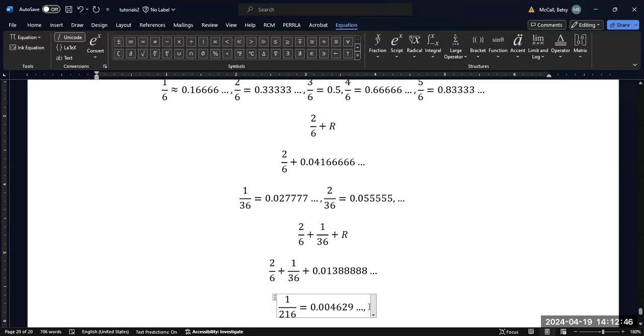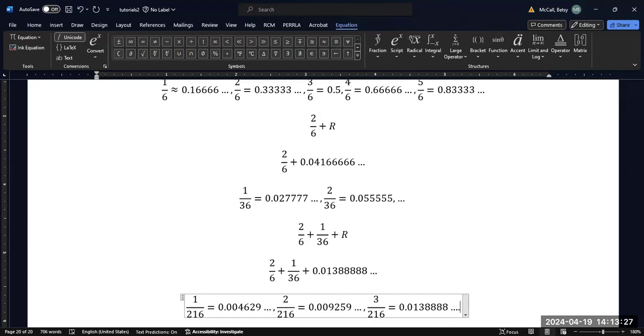What about, and again, I can only go up to 5. So 2 divided by 216 is going to be 0.009259, blah, blah, blah. What about 3 divided by 216? 0.013888888. There we go.